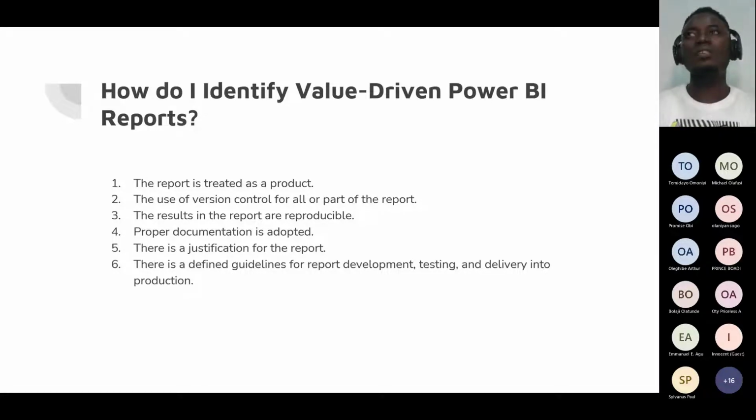Now, number three, I think number three is very important because a lot of people don't do this. If I develop a Power BI report to publish it, someone should be able to use a different tool to reproduce the same result that I've produced.